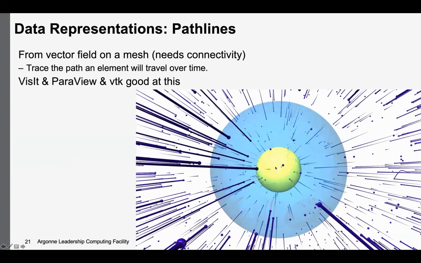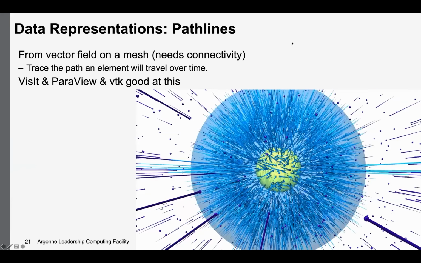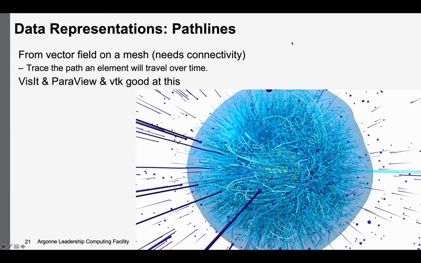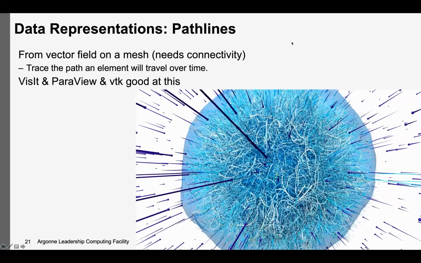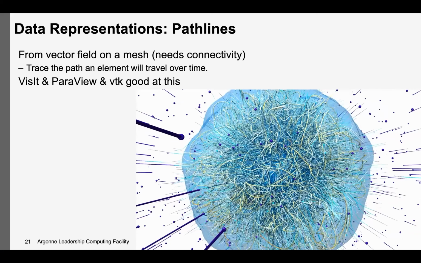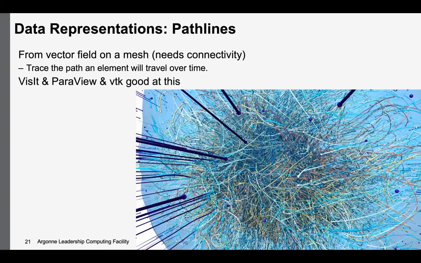Additionally, you could represent it as pathlines. In this case, it's similar in that you need a vector field that has some connectivity on a mesh. But in this case, we're actually looking at data over time.